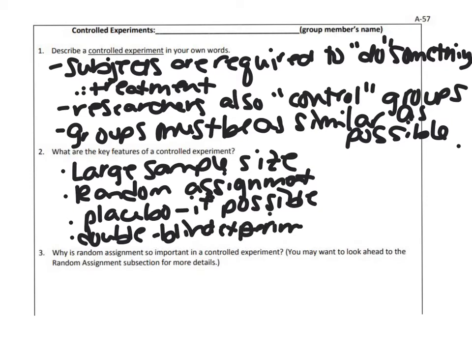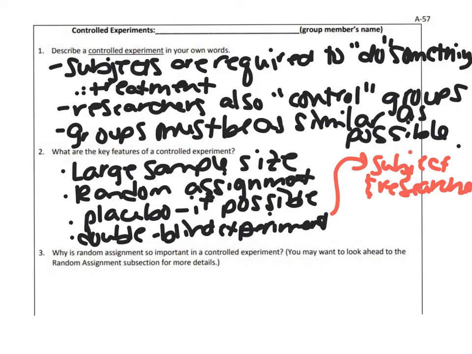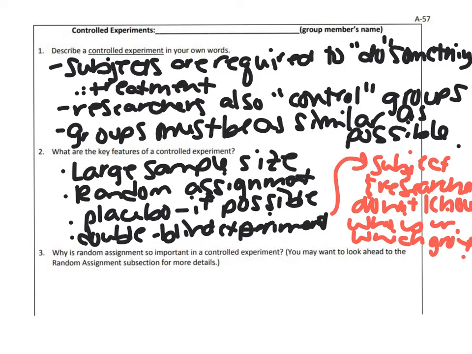And that basically means, let me change pen color, that the subject and the researcher do not know who is in which group. So the only person that would know who is in which group is the statistician, that is taking the data. That would be the only person that knows it.